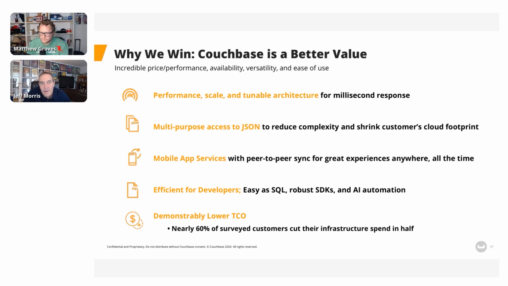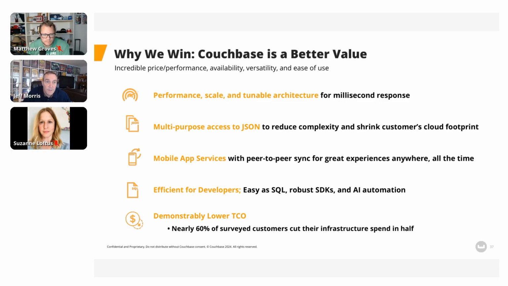The reason why I know this is because we asked our customers, and more than half of them said they cut their infrastructure costs in half after switching to either Couchbase Enterprise or Capella. In the cloud, it is true. On premises, it is true. So that demonstrably lower TCO is really what convinces folks. They want to be using Couchbase for these kinds of applications.